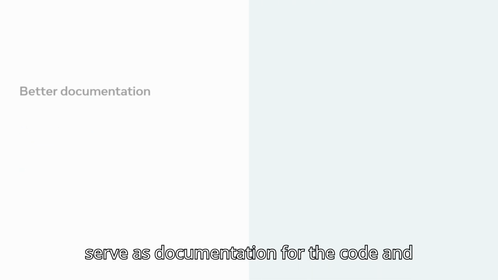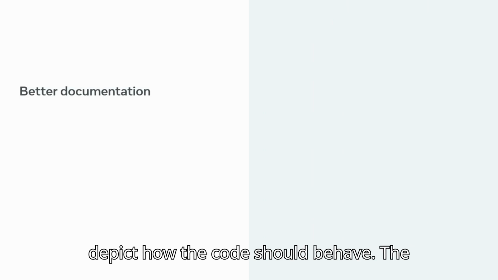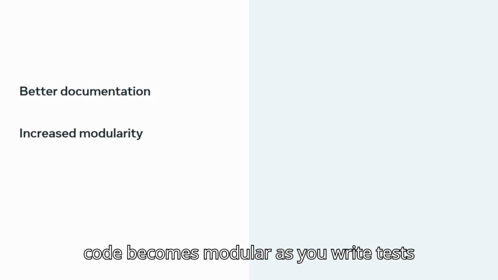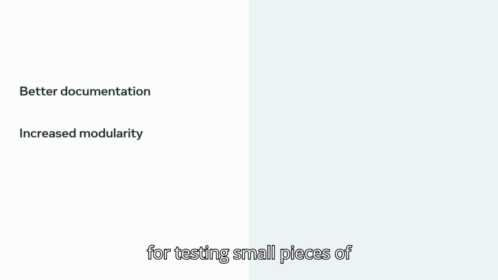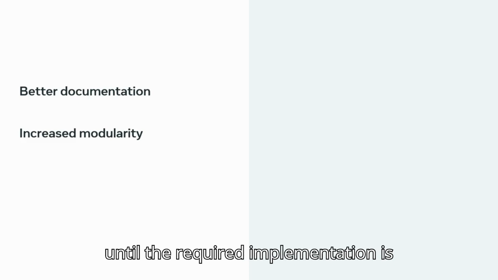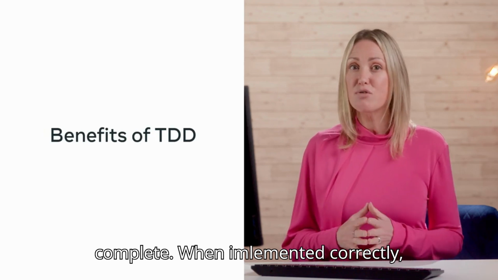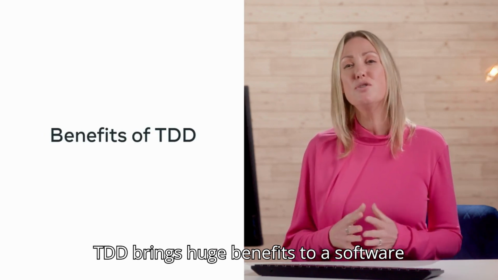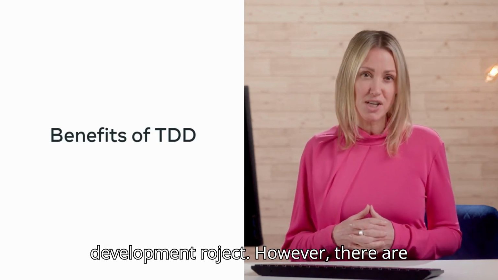The tests serve as documentation for the code and depict how the code should behave. The code becomes modular as you write tests for testing small pieces of functionalities, then develop the code for them and iterate on this process until the required implementation is complete. When implemented correctly, TDD brings huge benefits to a software development project.